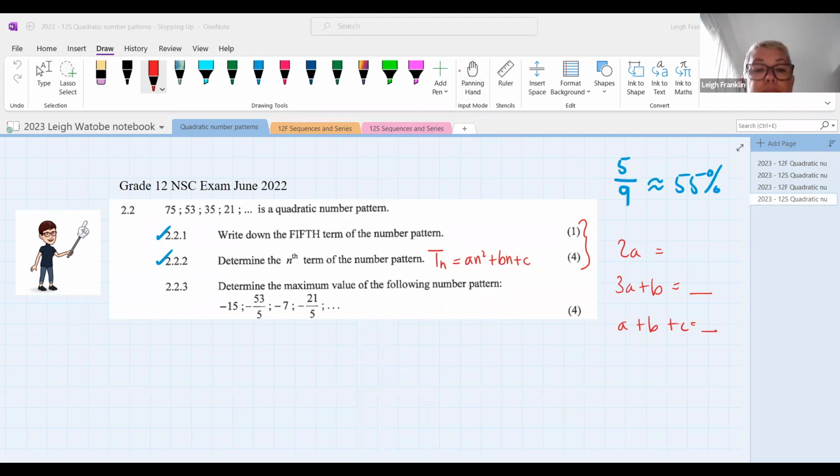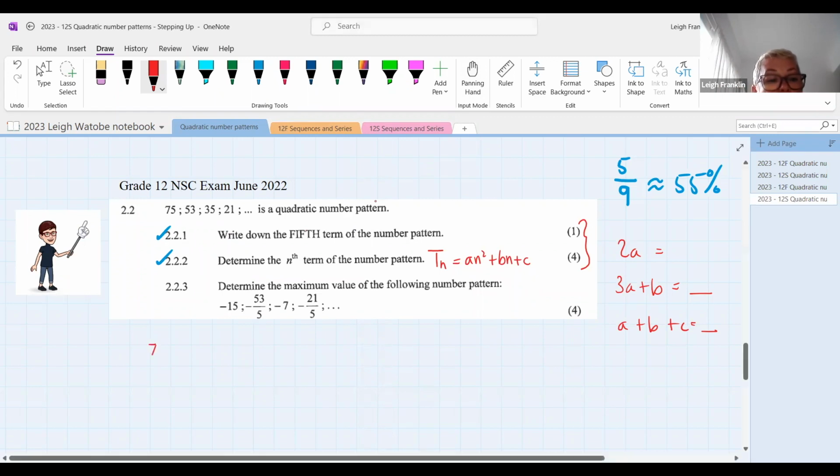Okay, so no problem, Shane. If you are not getting the first question, so writing down the value of the fifth term, you've got to work out by how much the pattern is decreasing. Everybody else just ignore me and continue to work, unless of course you're struggling with this as well, but if you're busy with 2.2.2, just ignore me. So you've got 75, you've got 53, you've got 35, you've got 21.